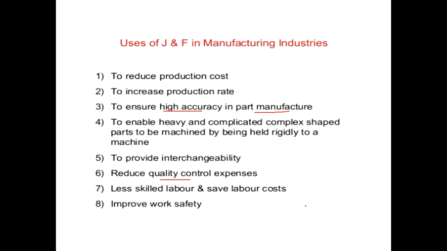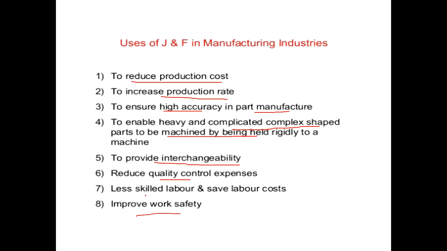For this we can say that production rate will be improved and production cost will be reduced. We can even design jigs and fixtures for any complex geometry that we want to machine. So this will provide interchangeability of the part.